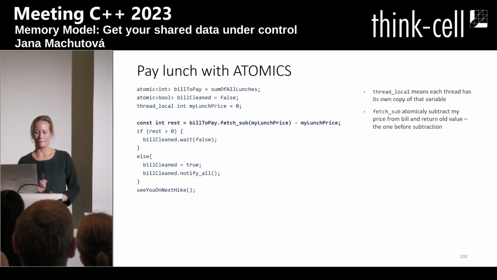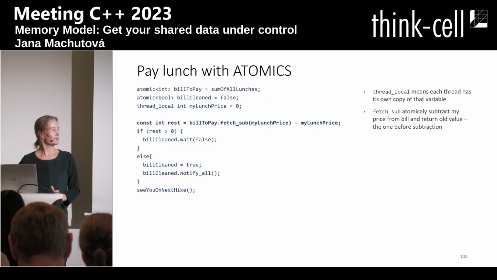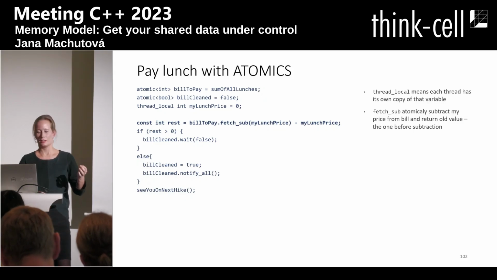And how will we pay it? We will use fetch sub, which is one atomic operation which will get the amount, the bill which is not yet paid, and we will decrement it by our lunch price. We will pay it, so the bill will be smaller by our price. And what we will get back is what was there before we decremented, the old value. So we need to decrement it once again.